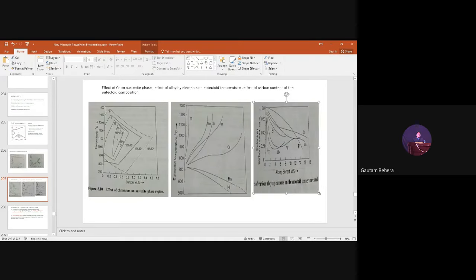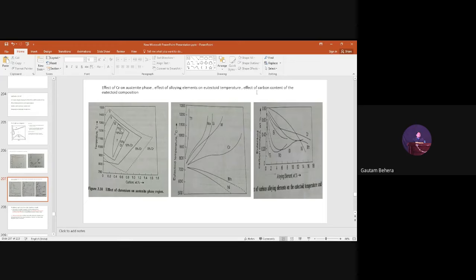This is the last image we have. This is showing the effect of alloying elements on the carbon content of the eutectoid composition. You understand eutectoid composition, the carbon weight percentage 0.8 or 0.77. So what will happen to the eutectoid carbon composition if we add alloying elements?